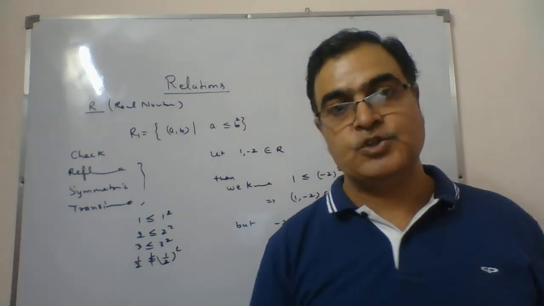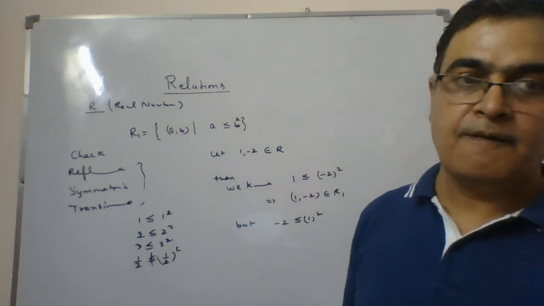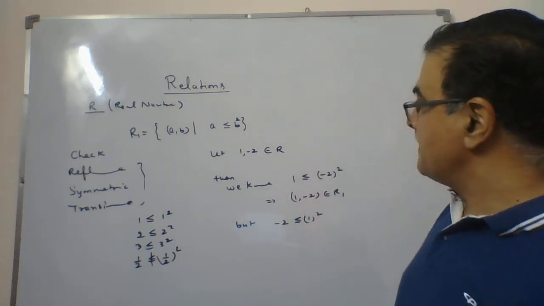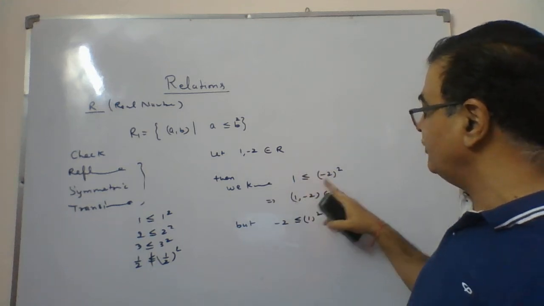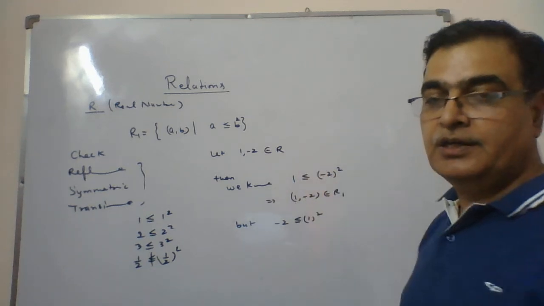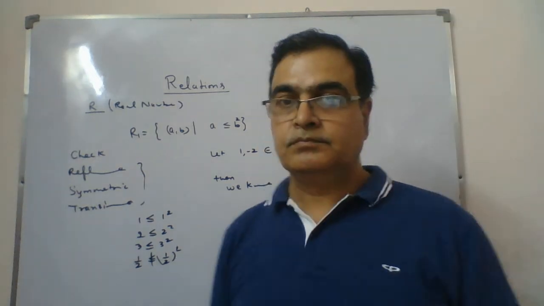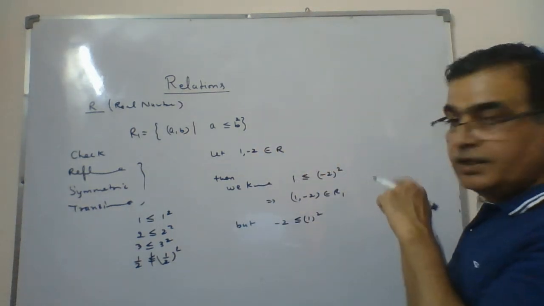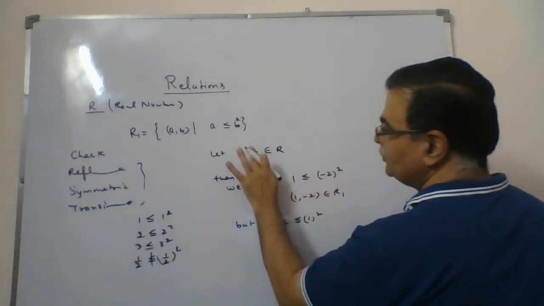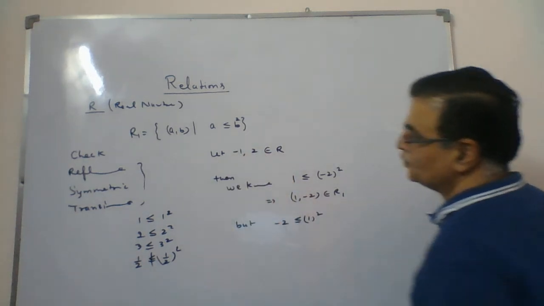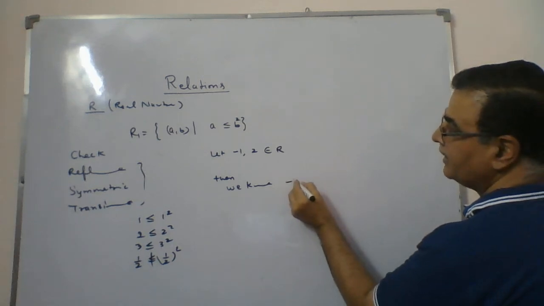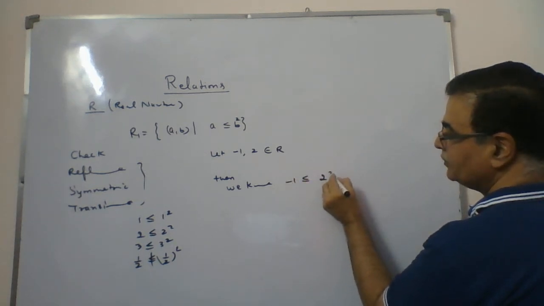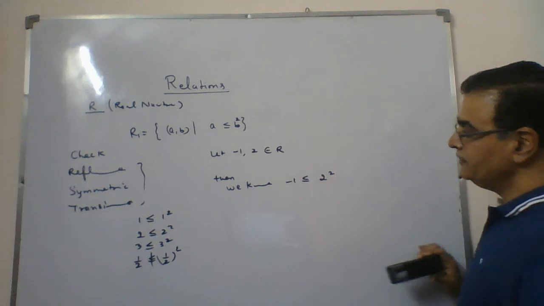One more example we should try now. Can you try? 1 and minus 2 we have taken. If I take this, 1 is less than or equal to minus 2 square. So a slight problem we are getting. Better is to take minus 1. If we do this, then check here: minus 1 is less than 2 square. Agree on this?